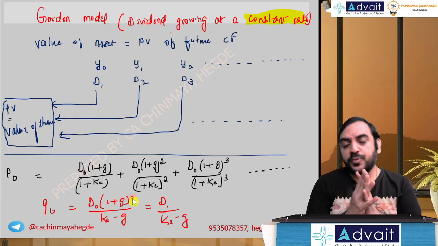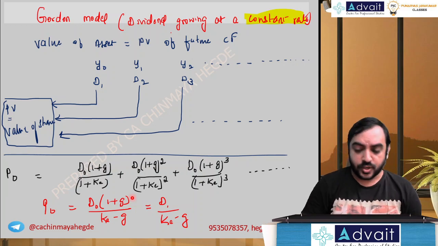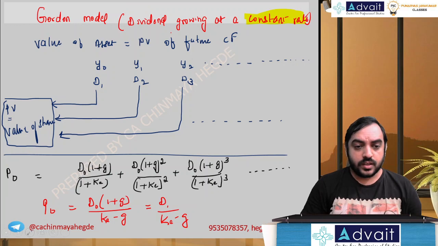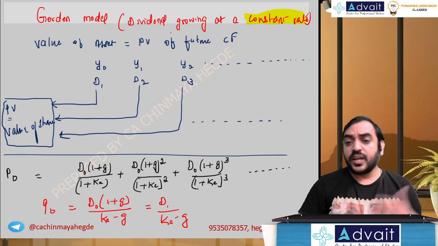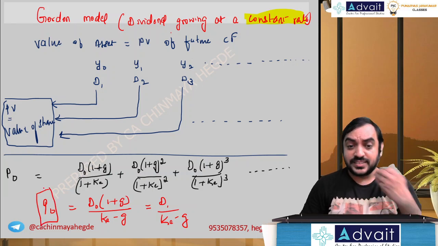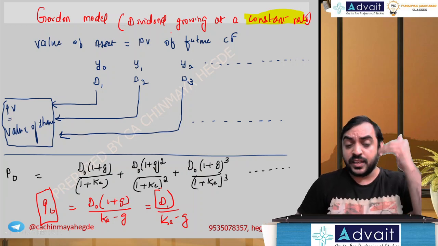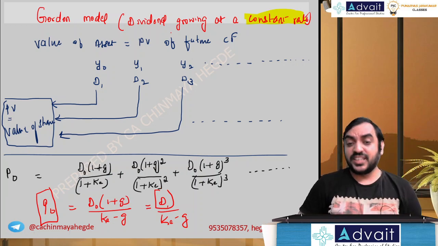Okay, I hope you have taken down till here. Okay, now let me ask you this. This P0 considers D1 onwards, meaning when I do D1 by K minus g, I get P0.